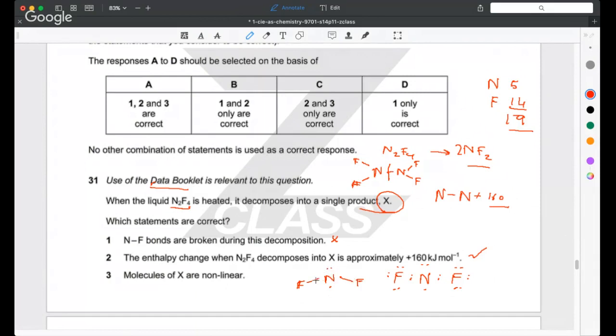And so that ends up being a bent molecule rather than a linear molecule. So it's true that these molecules are non-linear. So that's correct as well, which gives us answer 2 and answer 3 are both correct. And that gives us, against the key up here, answer C.